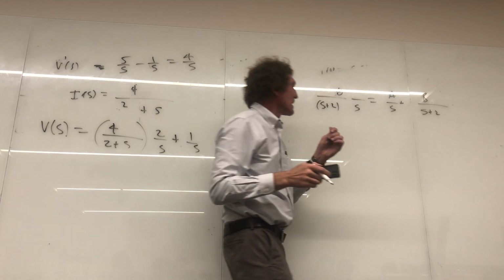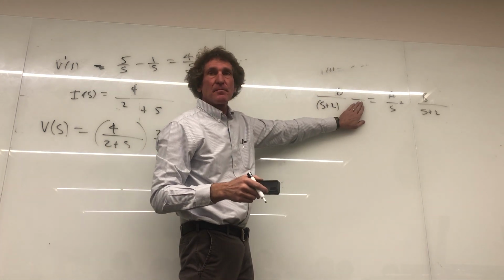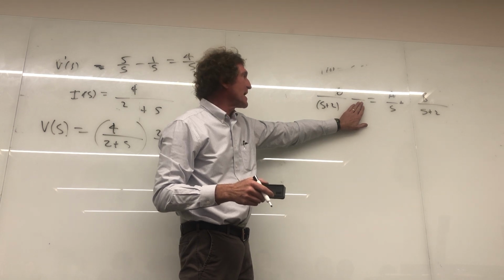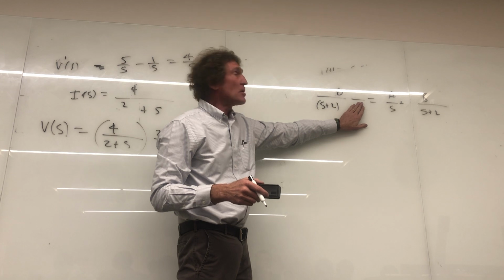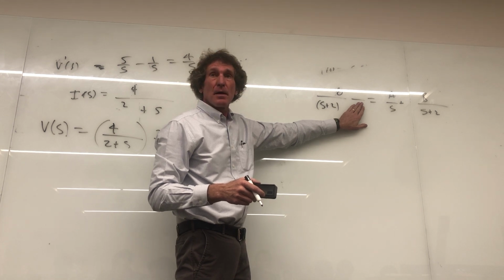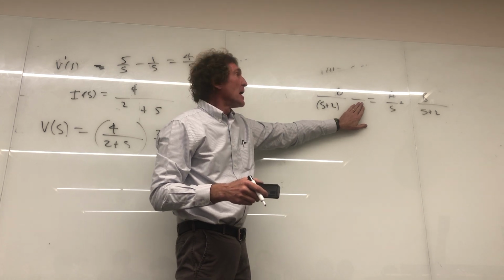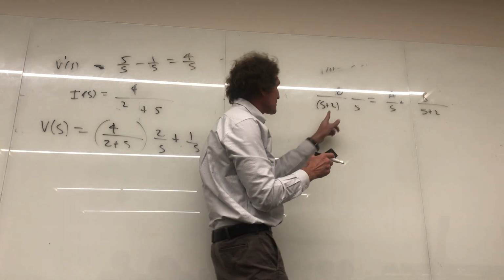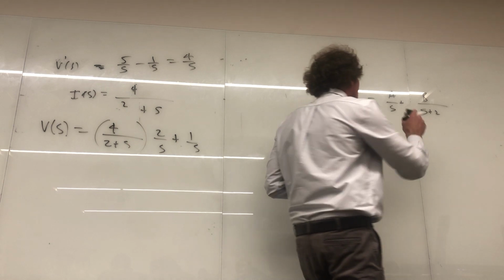So what's A? Cover up the 1 over S pole on that side and evaluate that at S equals 0, correct? Do you all agree it's 4? I want you to make sure you see it. 8 over 2 is 4, correct? So that's 4. What's B?